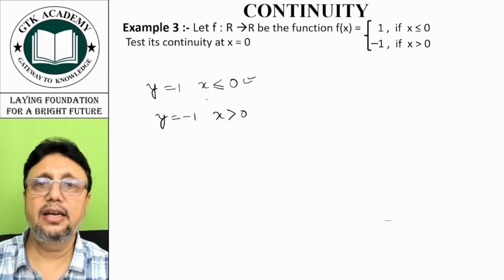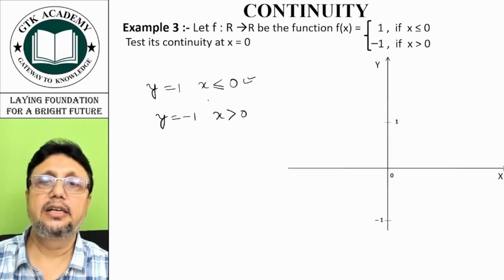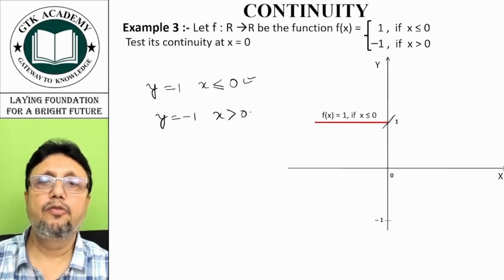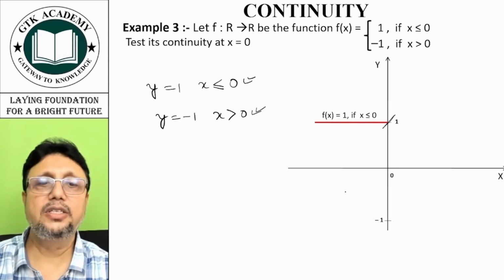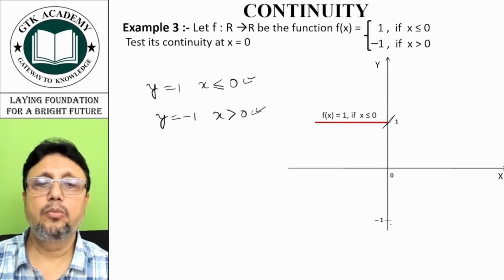This is a straight line which is parallel to x-axis and at a distance of 1 from x-axis. That means this line terminates at x less than or equal to 0, only till this place. And from here, when x is greater than 0, y is equal to minus 1, which is again a parallel line to x-axis, but it cuts y-axis at minus 1.